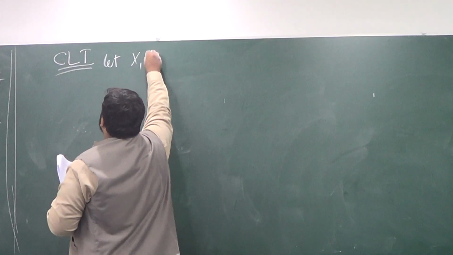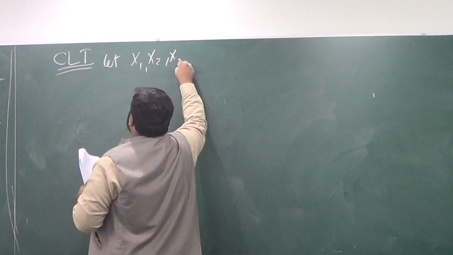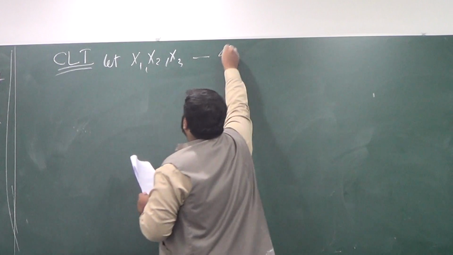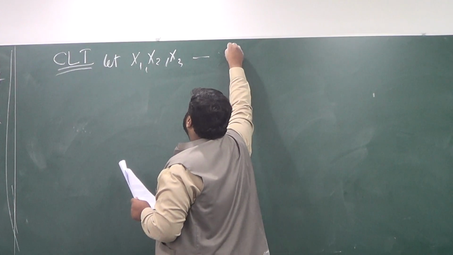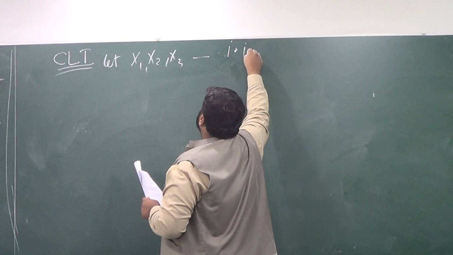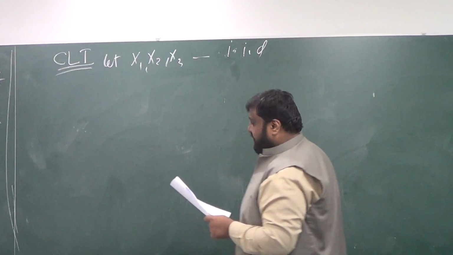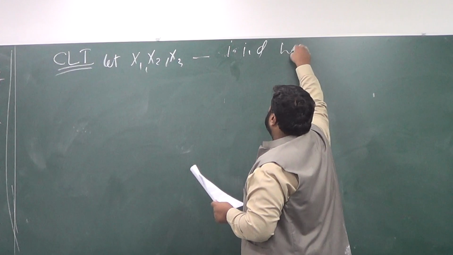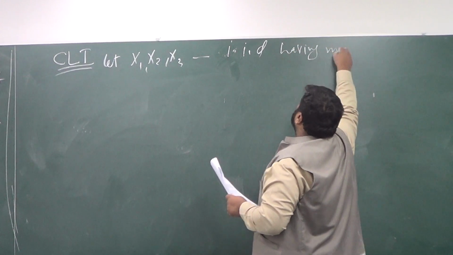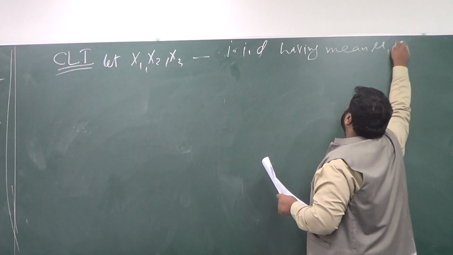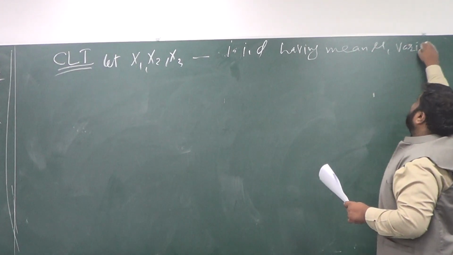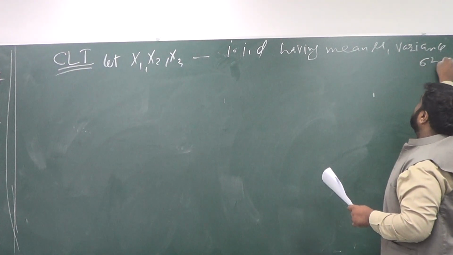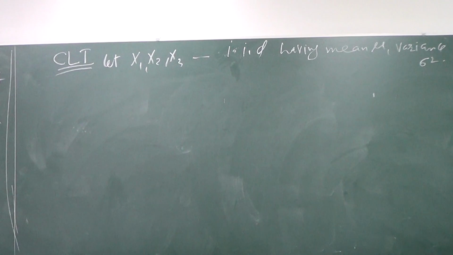So here you have a sequence. Let this sequence be IID, with mean mu and variance sigma squared.